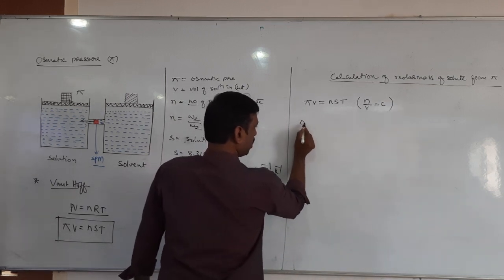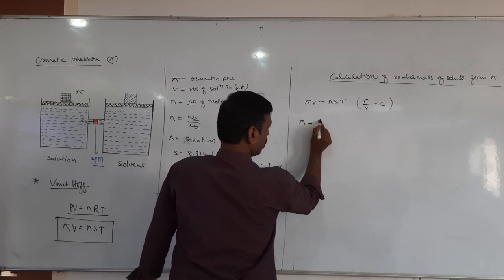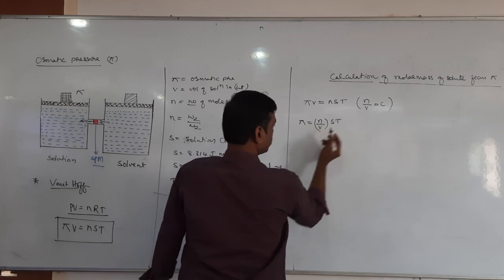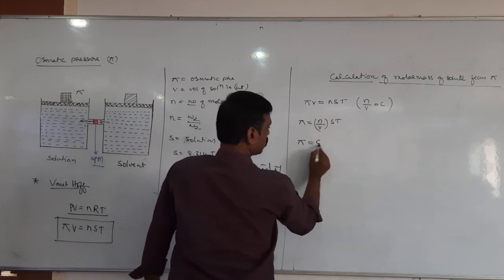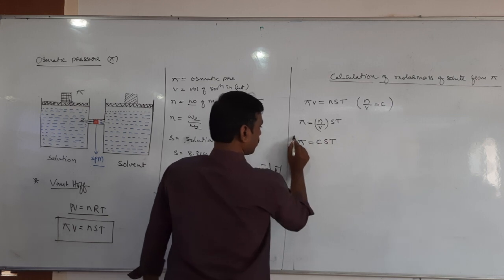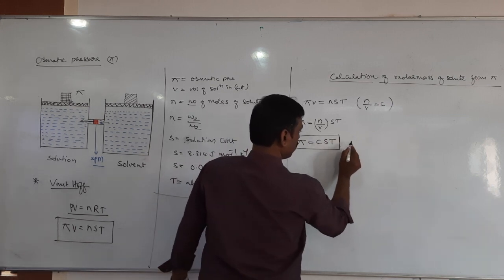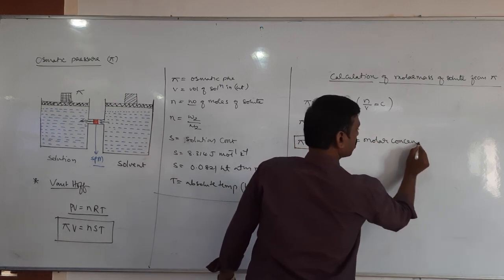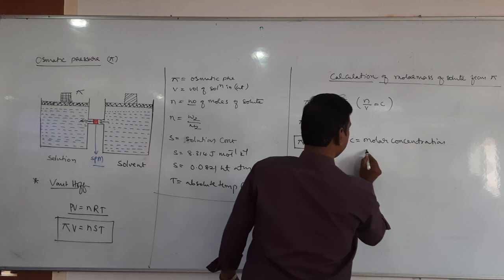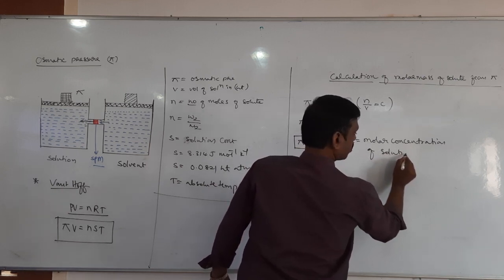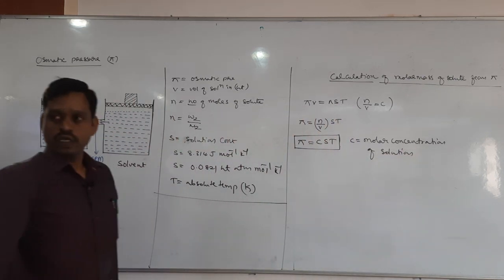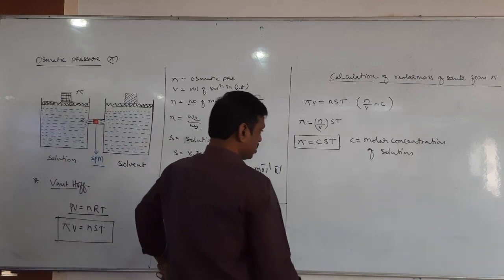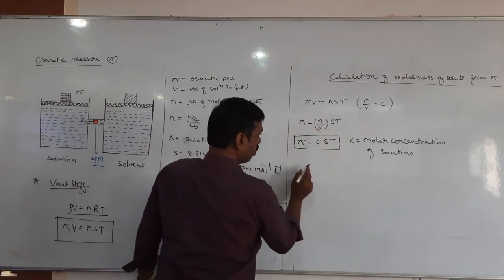Therefore, can I bring V here, it becomes ST, then pi equal to CST. So here, what is C equal to? Take down: molar concentration of solution, nothing but molarity. It is one important equation. Next, we want actually the molar mass.